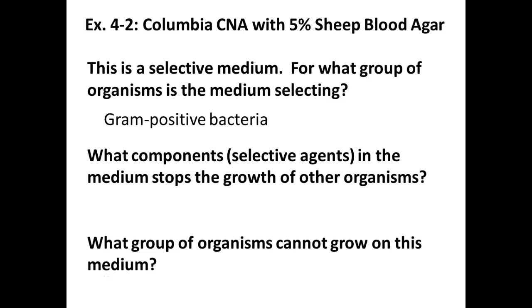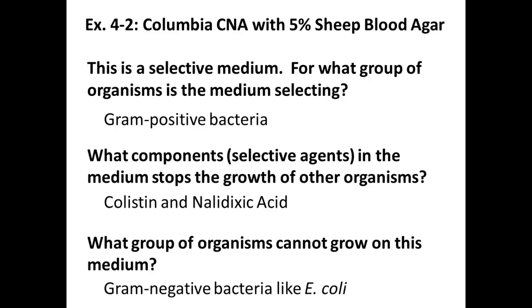Because what does this plate contain that's going to stop the growth of gram-negatives? 2 antibiotics. Colistin and nalidixic acid. And that's why it's the C for colistin and Na for nalidixic acid. These guys inhibit the growth of gram-negatives.